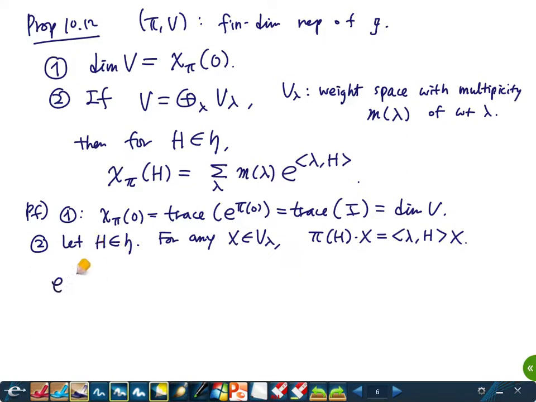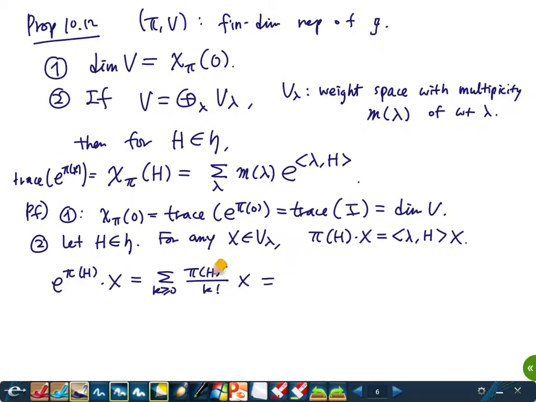So e to the pi h, what is that applied to x? Because we want to compute this, which is the summation, the trace of e to the pi h. So to do that, let's apply this operator to x and see what happens. This is going to be, by definition, the sum over k from 0 of pi h to the k over k factorial applied to x.